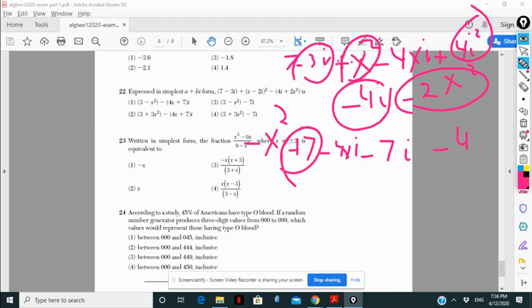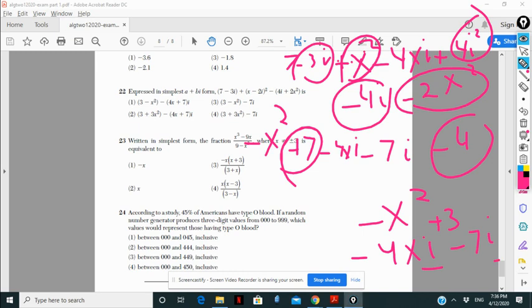Now plus 7 minus 4 is plus 3. So I have negative x squared plus 3, and I have minus 4xi minus 7i.